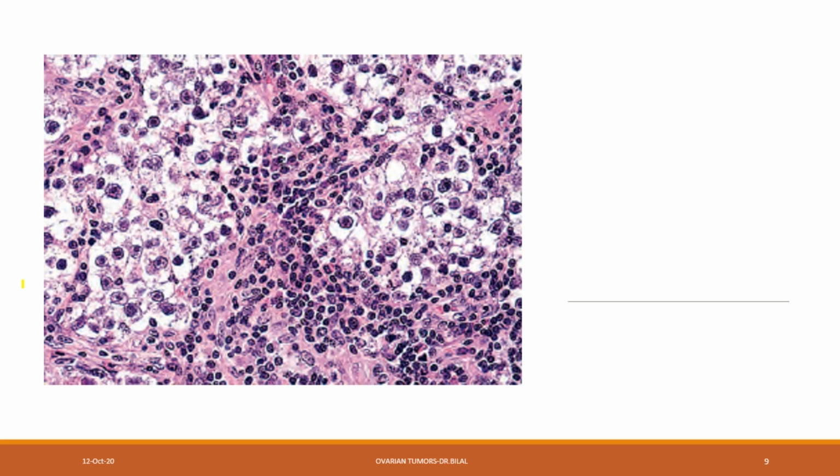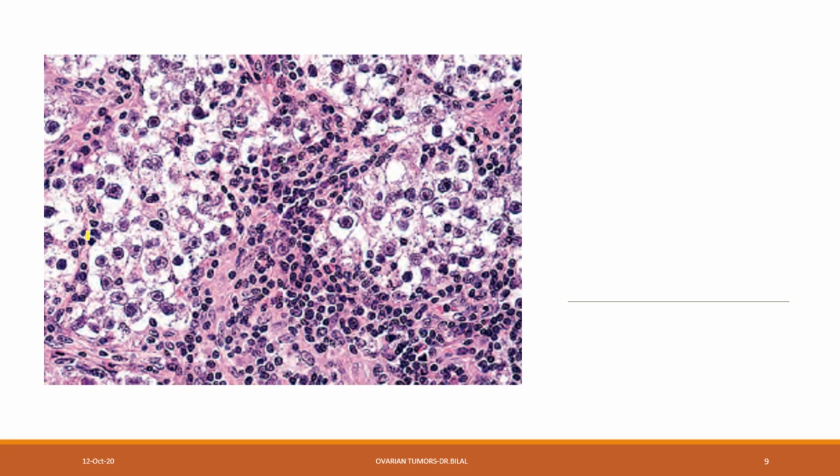Now, this is a tumor which you should recognize, because you have seen this kind of tumor in the testes as well. This is the ovarian counterpart of a testicular tumor. If I tell you that it's a section from the testes, there are polygonal cells, there's some clearing of cytoplasm, and then there are lymphocytes.